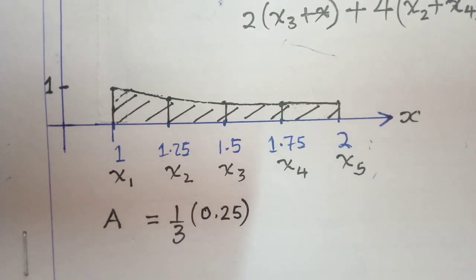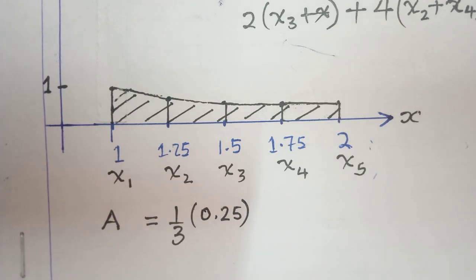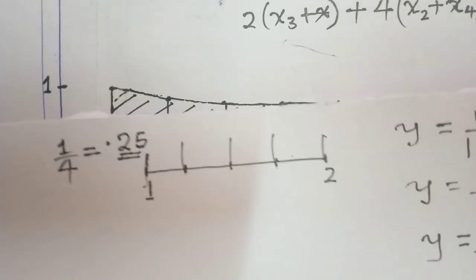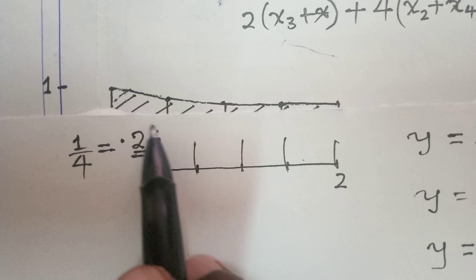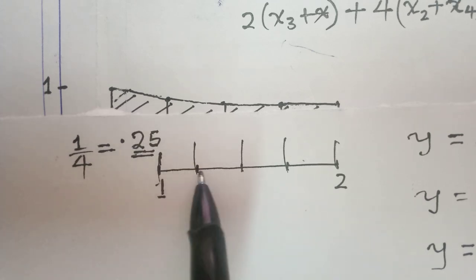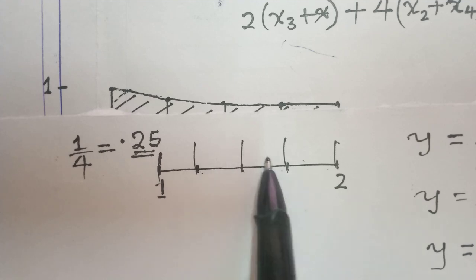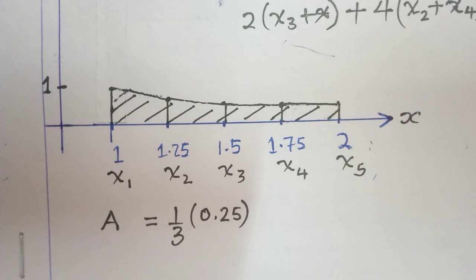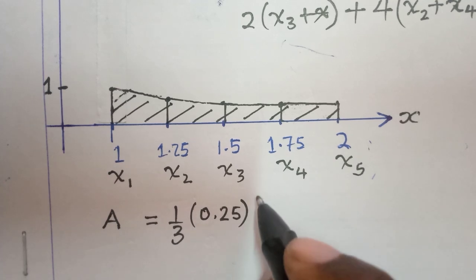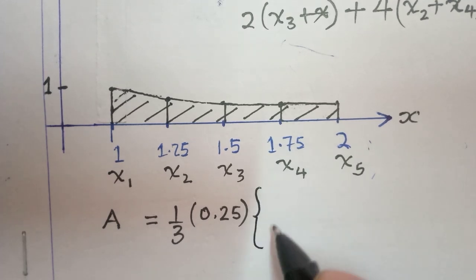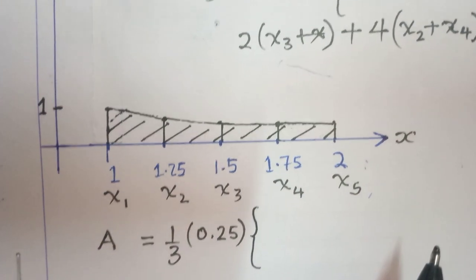That is our interval. And this is how we found it from our calculation here. This was our interval, the distance between the strips. And we see the strips are supposed to be at least 4. Then this one you multiply by x1 and x5.